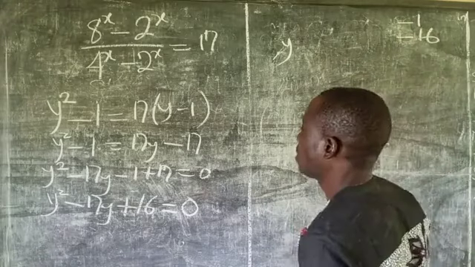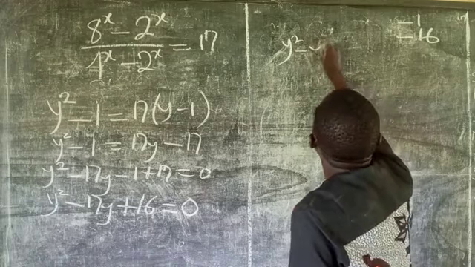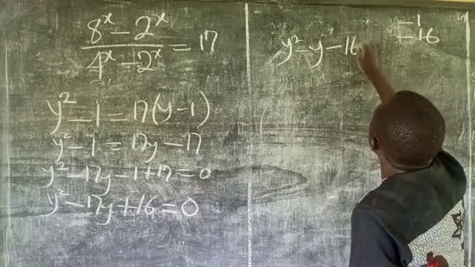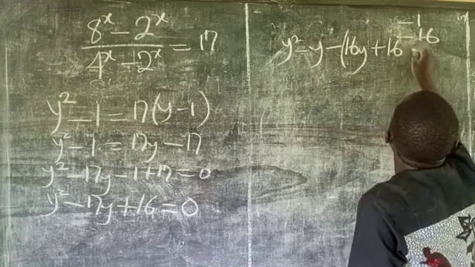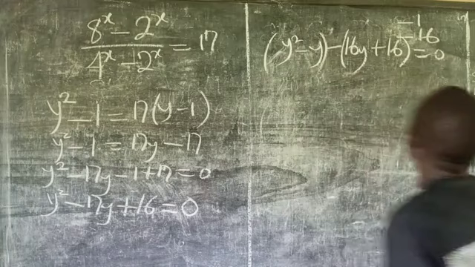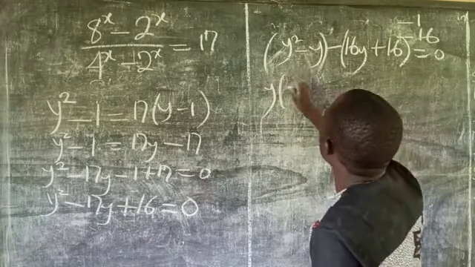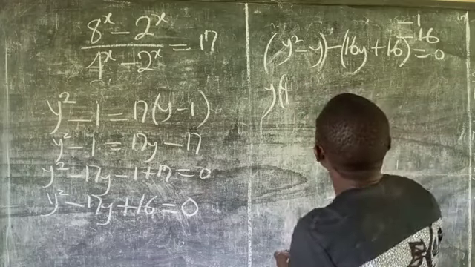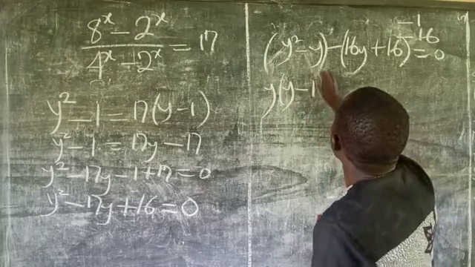Fine. So y squared minus y minus 16y plus 16 equals 0. Put in brackets. What is common here? We have y. We take away y from here, and we are left with y minus 1.